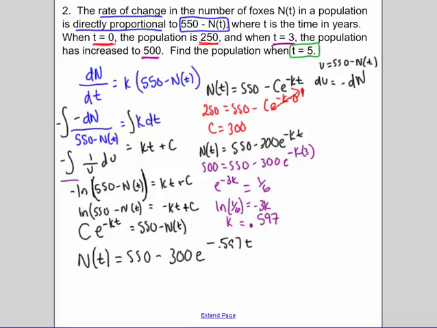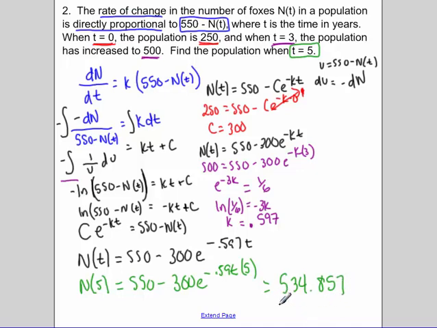Now all I need to find is when t equals 5, so I plug in 5. And again, solving that in my calculator, we get 534.857. A lot of times the AP is going to say round to the nearest whole number. So 535 foxes. And that's how you'd solve that type of a problem.